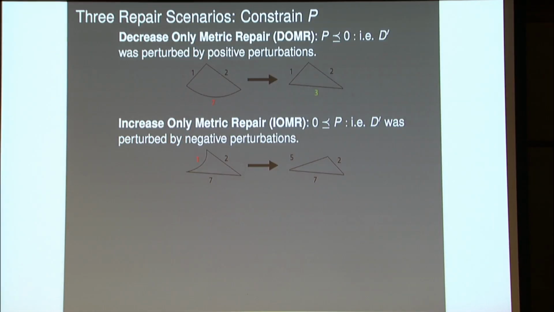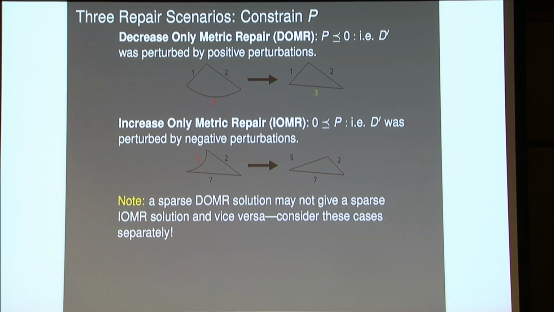Then there's another variant of this problem where I'm going to constrain my perturbations to be non-negative, i.e. all I'm allowed to do is increase or leave alone the length of the legs of triangles. So here I've got 1 bowed in to say that this is the one that's too short and it should be increased. So change it to 5 and you get a proper triangle.